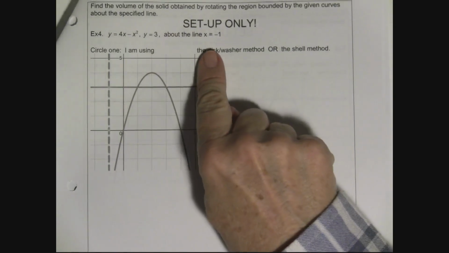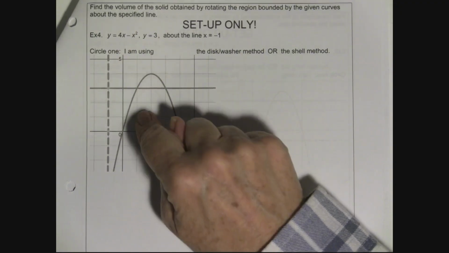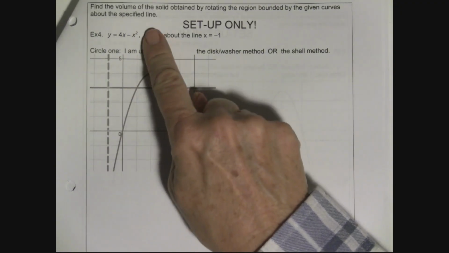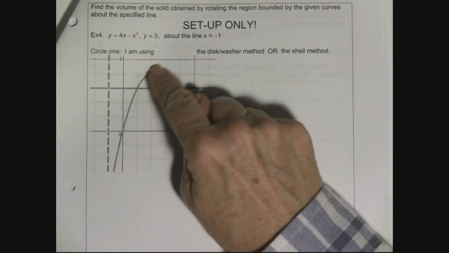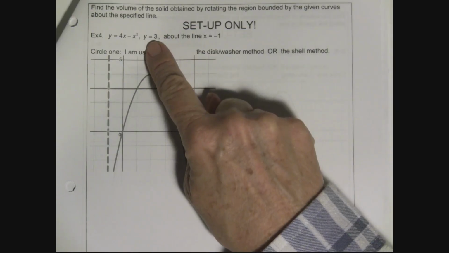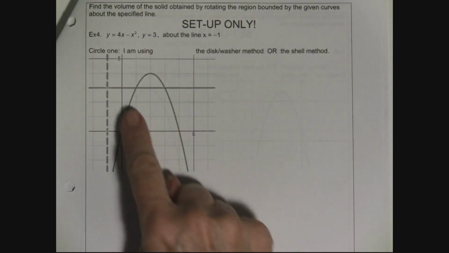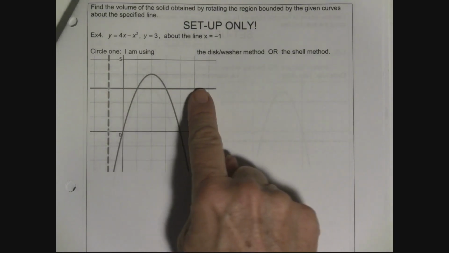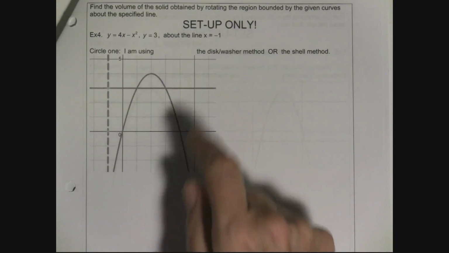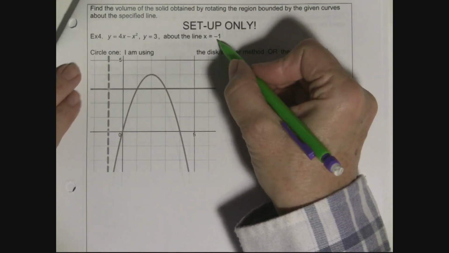Okay, so they say that they have y equals 4x minus x squared. I feel like we've had that today. They've drawn it, and I feel like we drew it as well. And y equals 3, and y equals 3 is that line right there. We want it whirling around the line x equals -1.